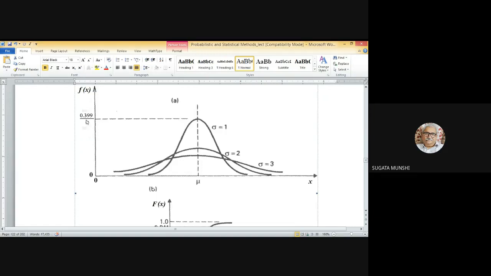Height is 0.399 by sigma. Now, because this Gaussian density function is symmetrical about the expectation mu, all odd-ordered central moments of a Gaussian random variable will be 0.